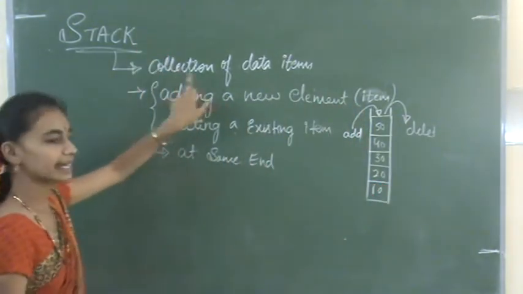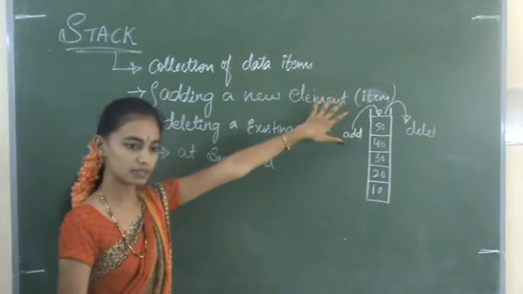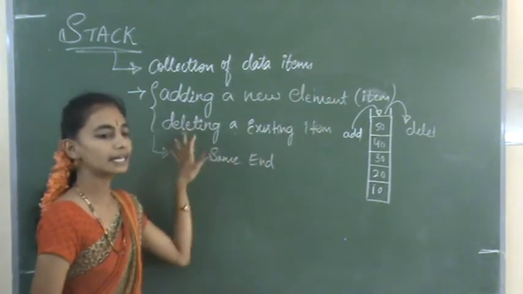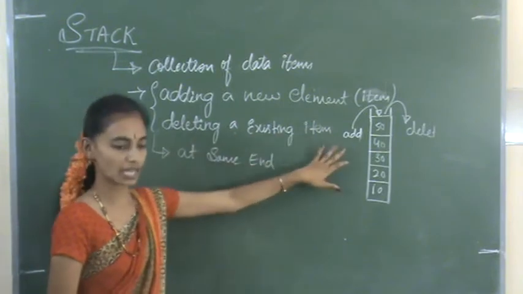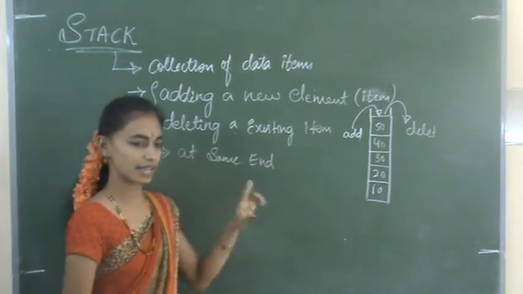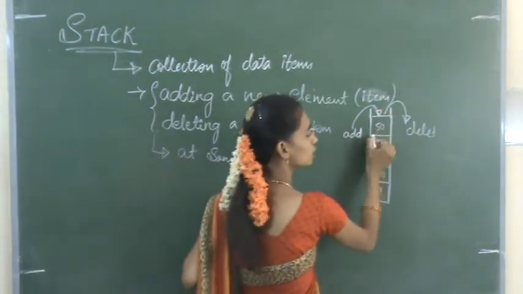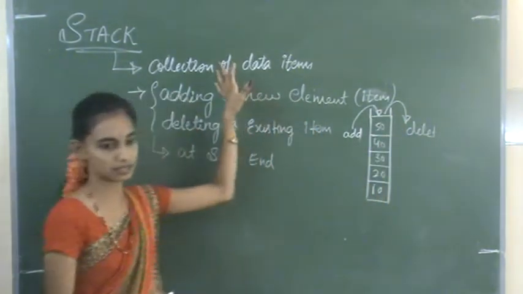Stack is a collection of items in which adding a new item and deleting an existing item takes place at the same end. So on the same end, both addition and deletion are performed. That we call a stack.